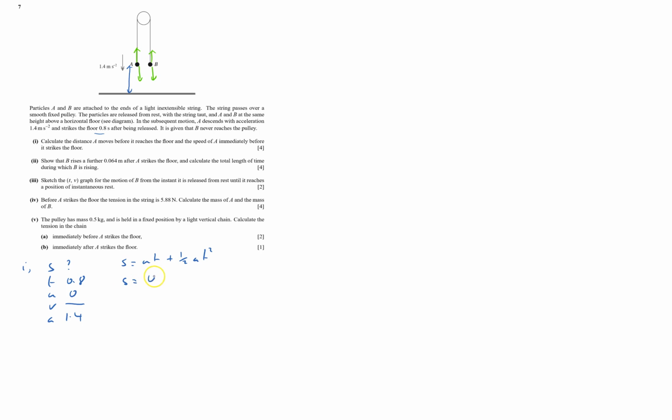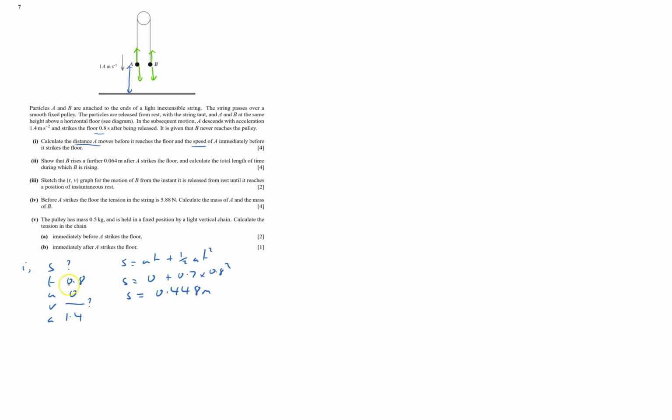So S will equal 0 plus a half of A, so it's plus 0.7 times 0.8 squared. So S will equal 0.448 meters. So that calculates the distance, and I need to calculate the speed now. So I'll need to work out the speed or velocity.